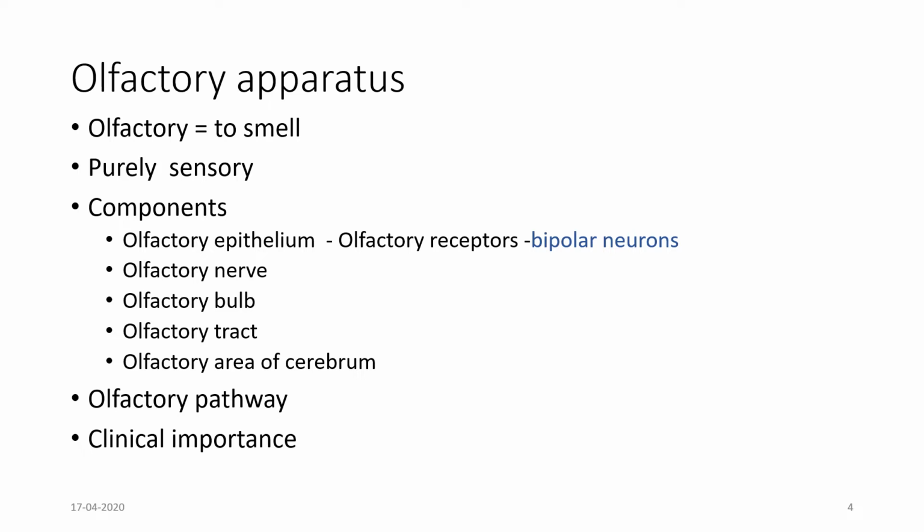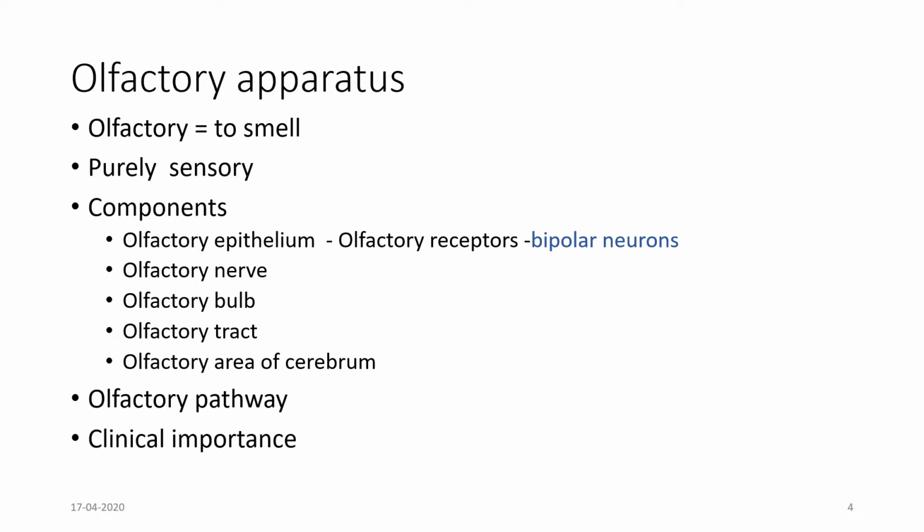The components of the olfactory apparatus are the olfactory epithelium that contains the olfactory receptors, which are bipolar neurons, the olfactory nerve, olfactory bulb, olfactory tract, and olfactory area of cerebrum. These are the components of the olfactory apparatus.